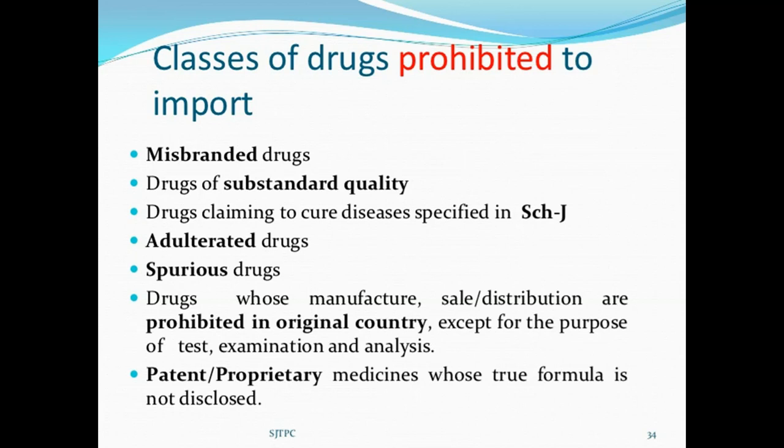Third, drugs claiming to cure Schedule J diseases. I have told that we have to go through many schedules earlier. What is Schedule J? Schedule J means some diseases are there. Suppose in India appendicitis cannot be cured by any medicines, but in America they have developed a medicine that can cure appendicitis.